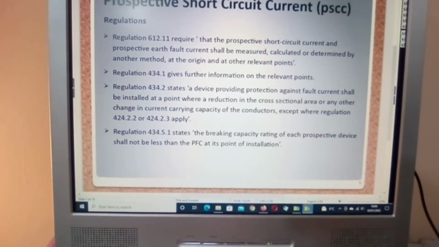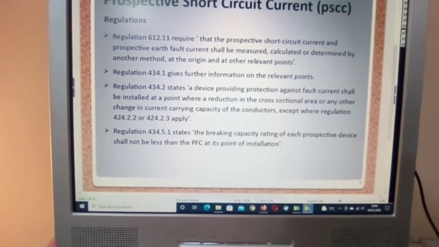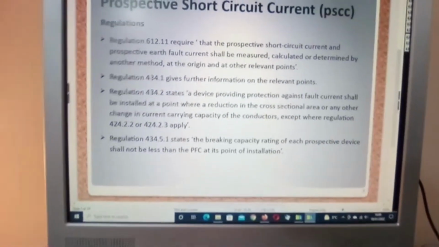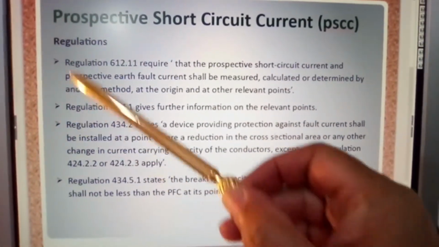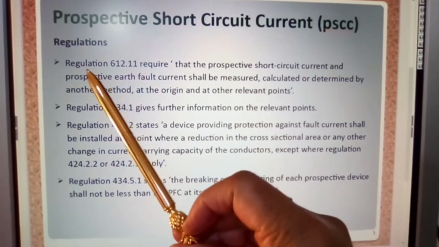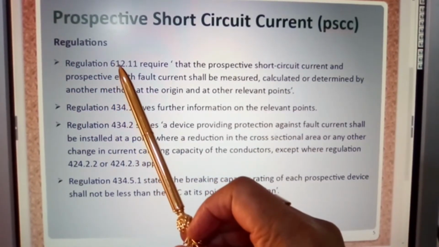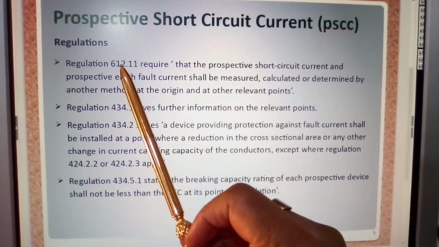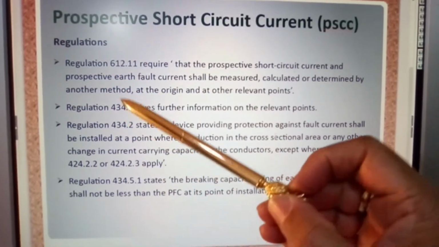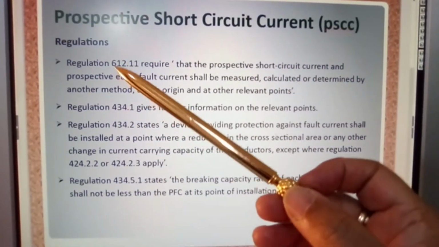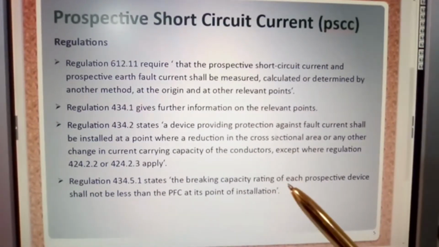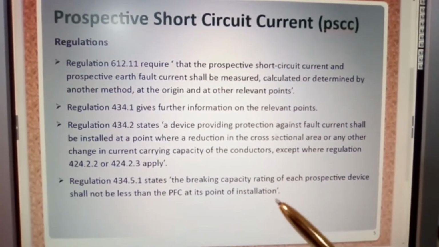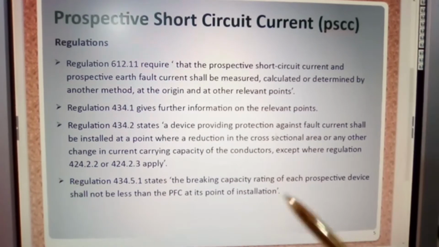Now, look at these regulations, and you need to make sure that in regards to regulation 612.11, etc., that they're still relevant in regards to the current 18th edition IEEE regulations.